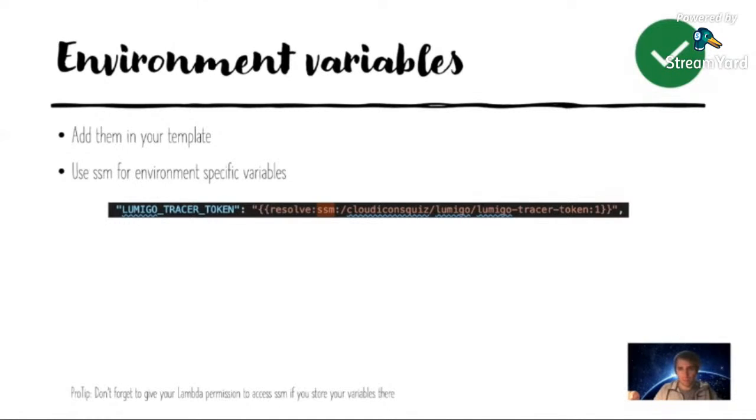If you do this, mind that you also have to give your Lambda function the correct permissions to access the SSM service, of course, which is step 1. And then you can find your environment variables from there.